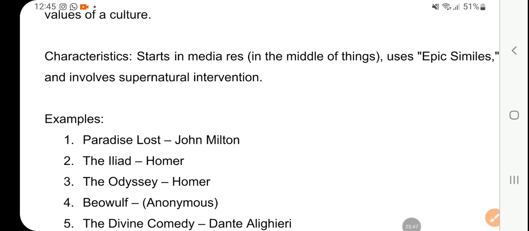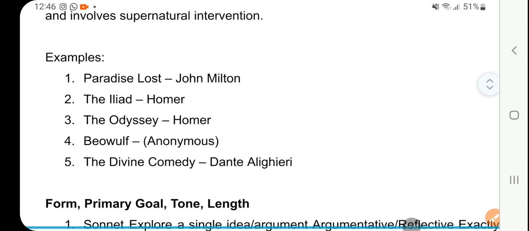This is how it starts. It uses epic similes, different kinds of similes, and involves supernatural interventions. So in epics you must have experiences of supernatural interventions.